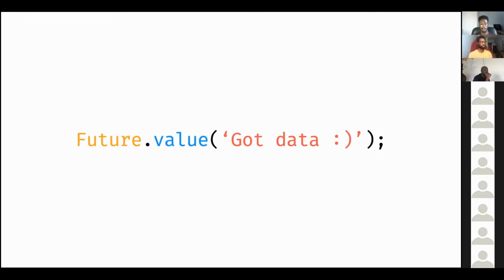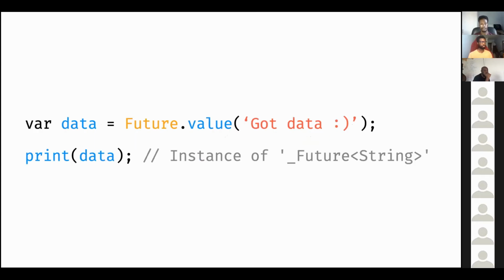So we've got an example here of a future. This future produces the value "got data". At some point in time, we'll get the string "got data". From here on, we can be tempted to assign this to a variable and then attempt to print it out straight away.